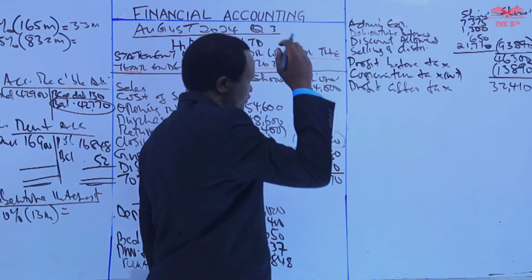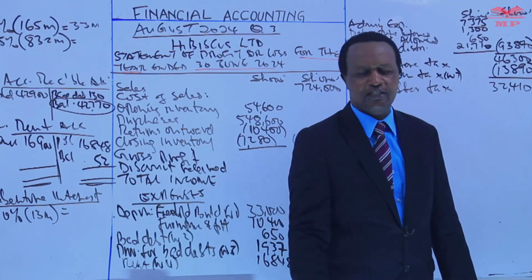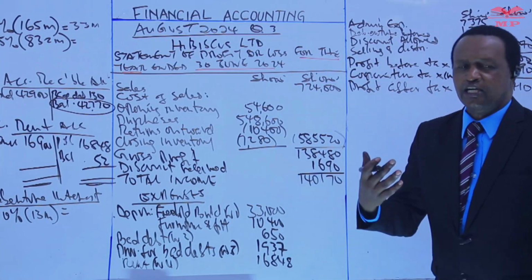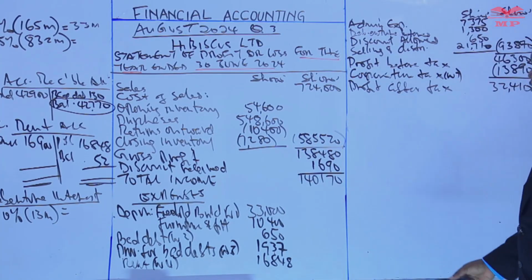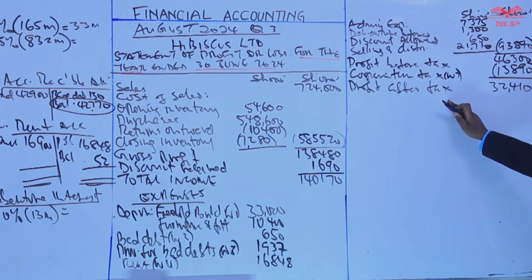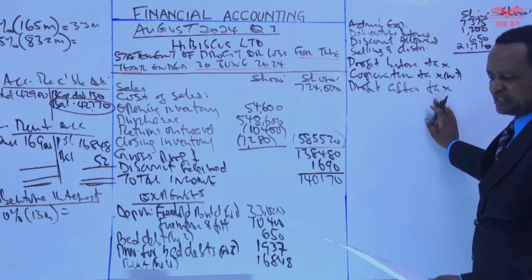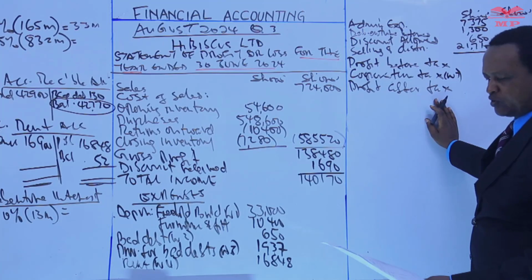Now, from profit after tax, as you can see, the company is now paying dues. Companies are required to pay corporation tax, and the corporation tax is 30% of the profit. After paying that, let's see what the management decided. Look at note number 8.